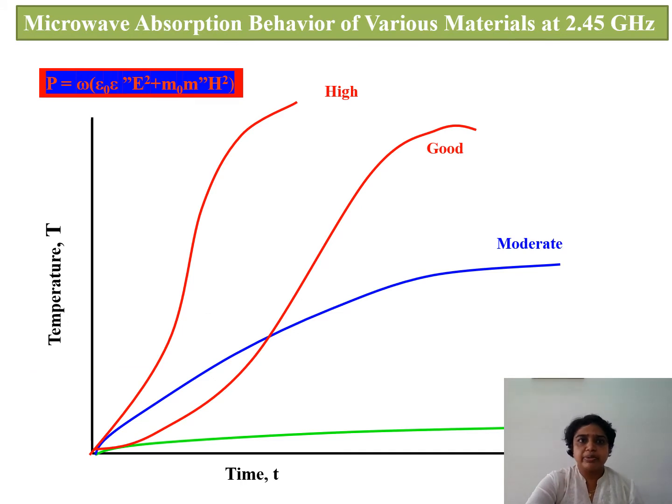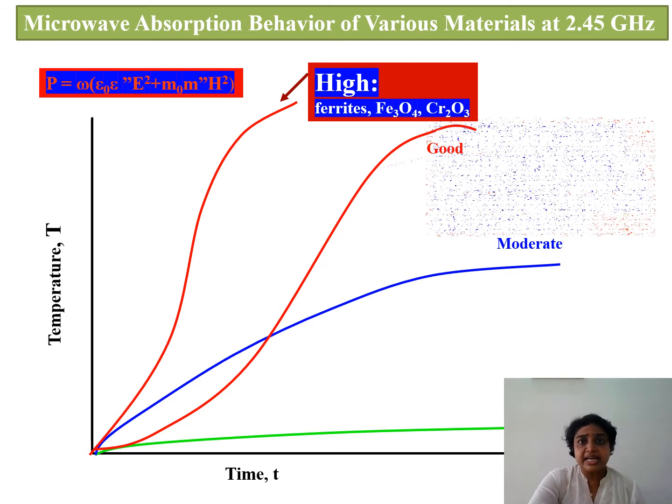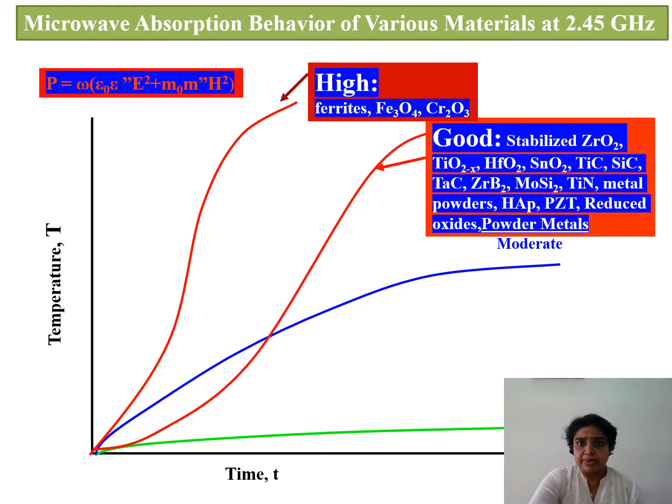Further, if we move forward and look at the microwave absorption behavior of materials at a frequency of 2.45 gigahertz, on the y-axis the quantity P is plotted, that is the microwave absorption density, for different materials. First are the high absorbing materials: ferrites, Fe3O4, chromium oxide, because they have magnetic dipoles. Then the second category is good microwave absorbers.